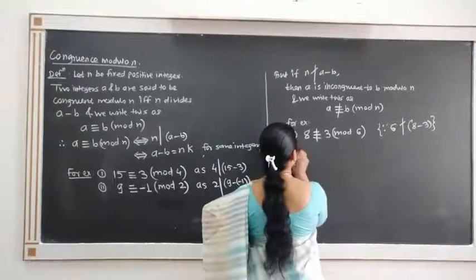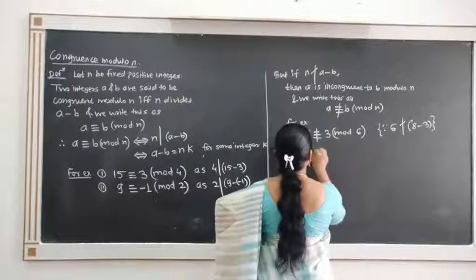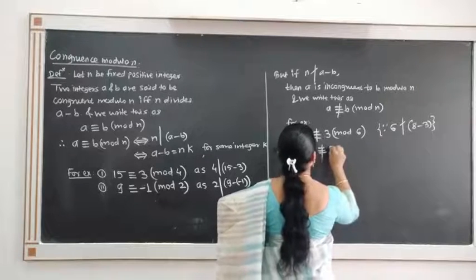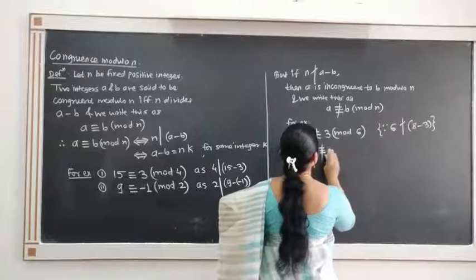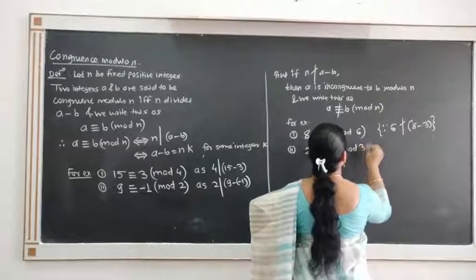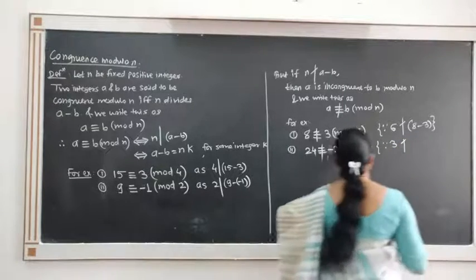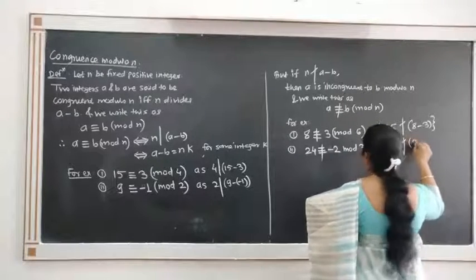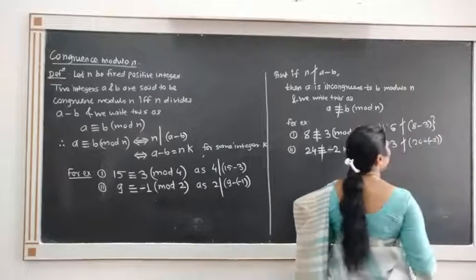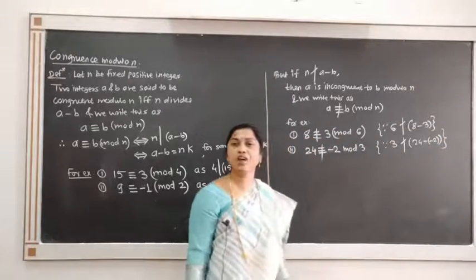Or we can say that 24 is not congruent to minus 2 modulo 3 because 3 does not divide 24 minus minus 2. 24 minus minus 2 is 26, and we know that 3 does not divide 26.